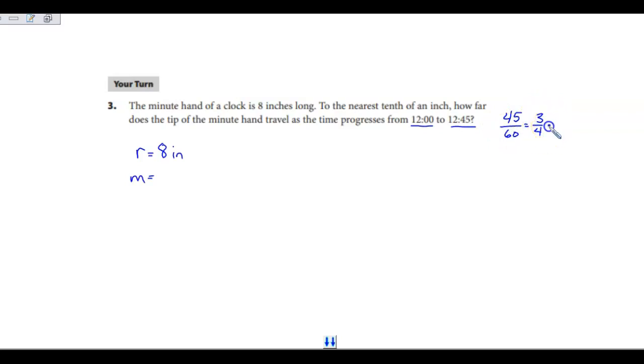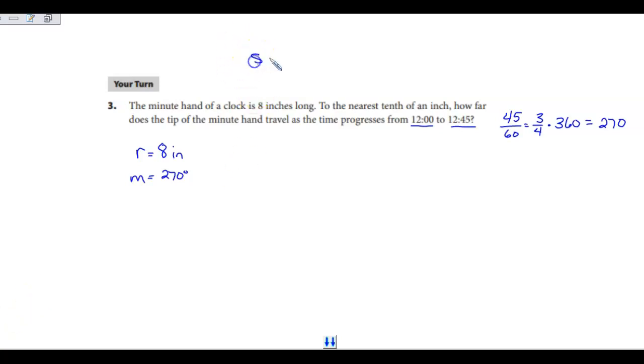So I'm going to take 3/4 times 360, and I'm going to get 270. So my measure of my arc is 270 degrees. Now I'm going to use this, and I'm going to find the length of the arc from 12 o'clock to 12:45.